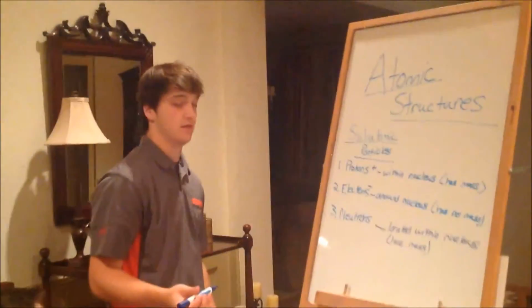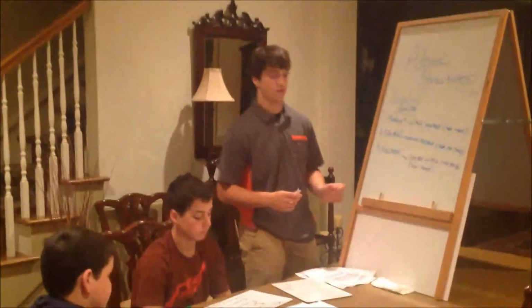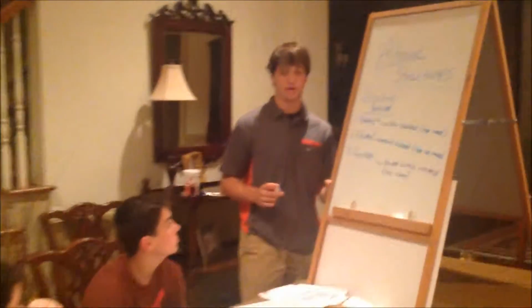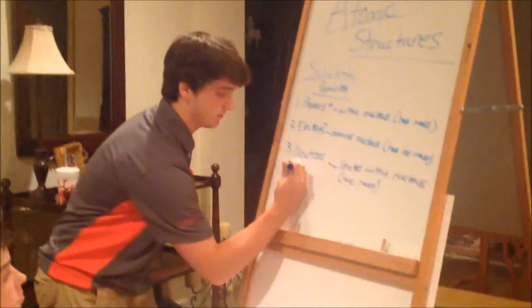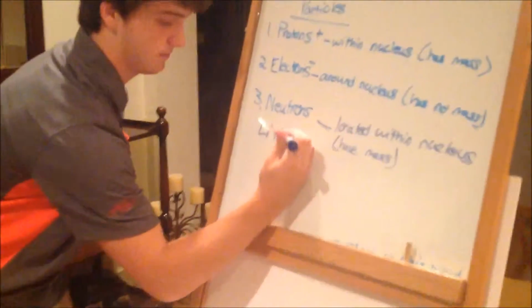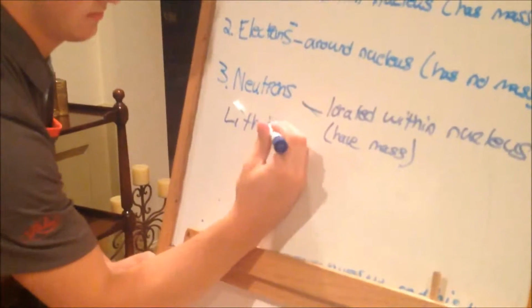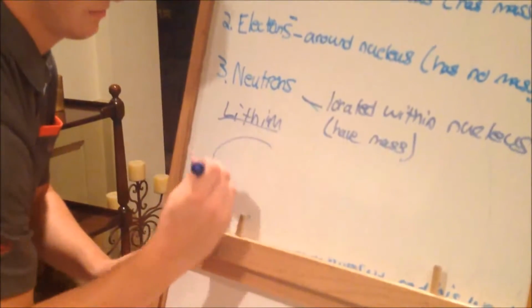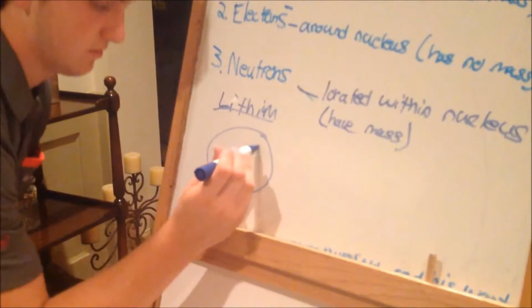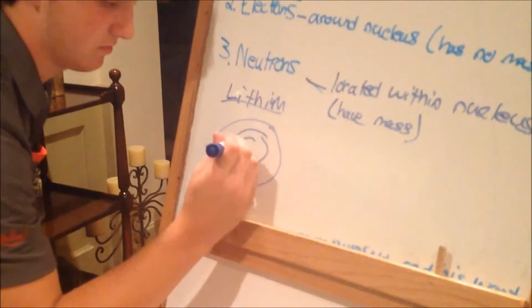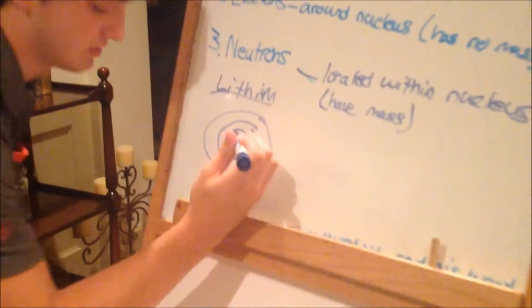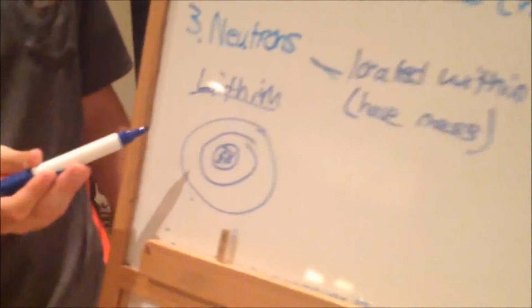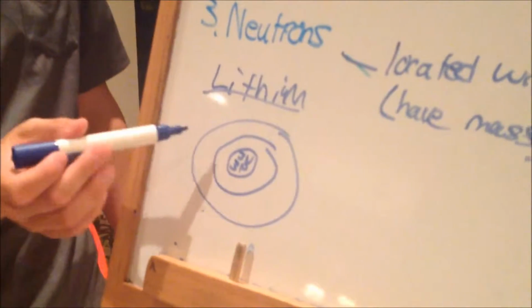An example of a subatomic particle would be lithium. To show you examples, I'm going to draw the atom of lithium and show its subatomic particles. Lithium: we have 3 neutrons, 3 protons, and as you can see, they're both within the nucleus.